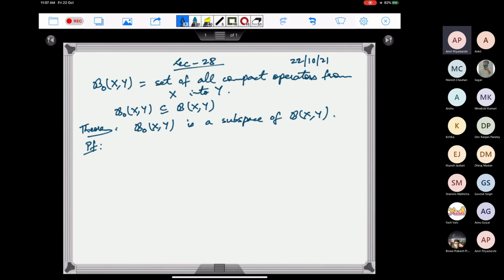So suppose we have any two compact operators.